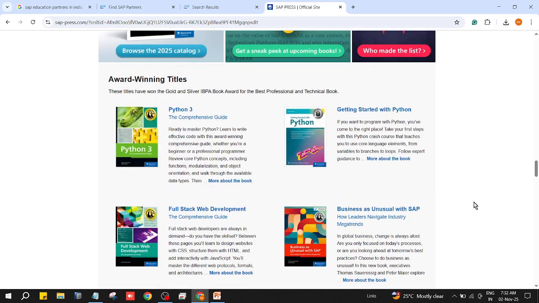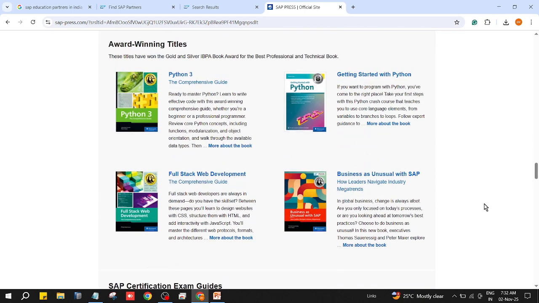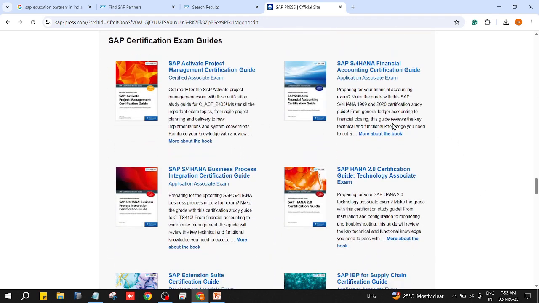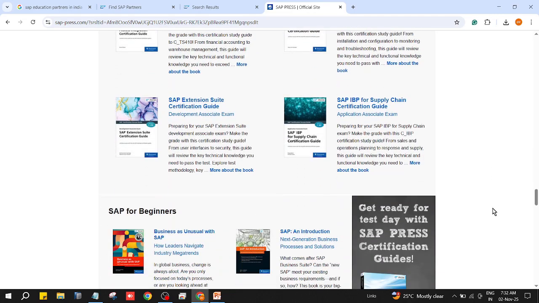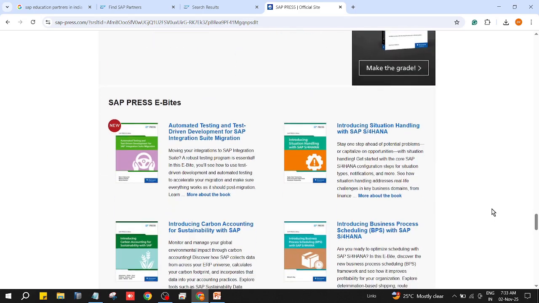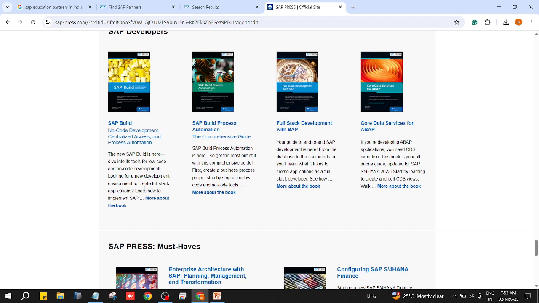Best sellers, so many topics. You can go for Python programming, which is helpful for AI/ML. Financial accounting certification guides, so almost certification exam guides, Activate methodology certification guides. These are all SAP Build. In Agile, rather than using the word development, we are using the build concept.